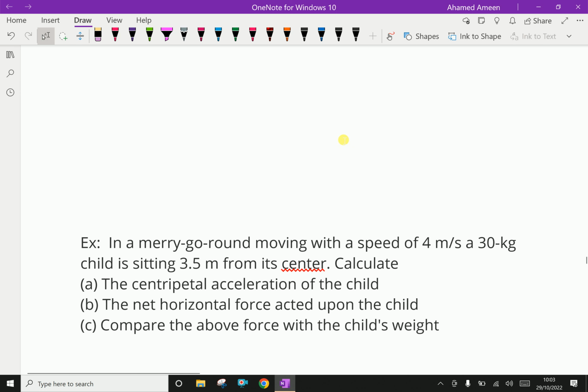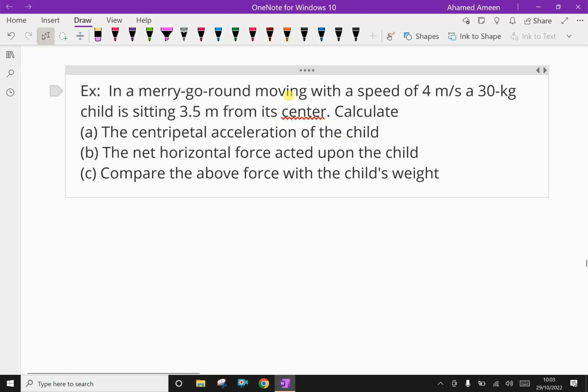Next question. A merry-go-round moving with a speed of 4 meter per second. A 30 kg child is sitting 3.5 meter from its center. Calculate the centripetal acceleration of the child.